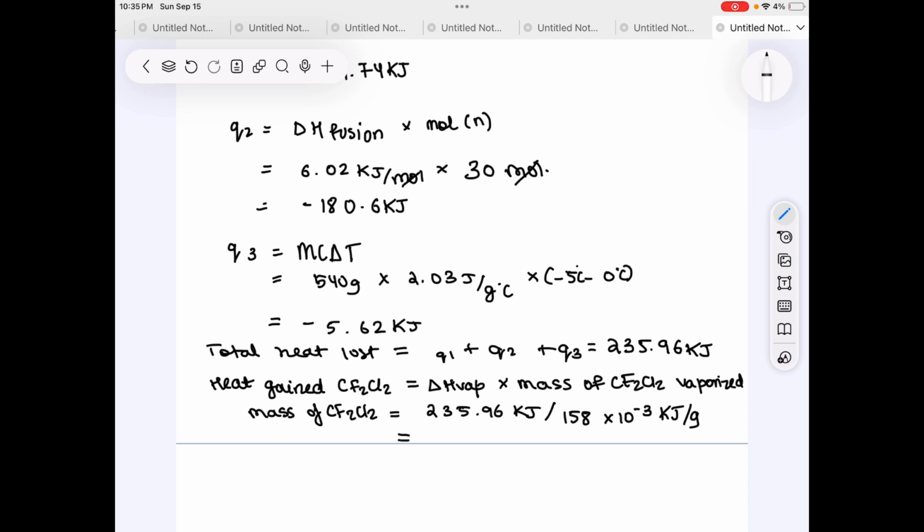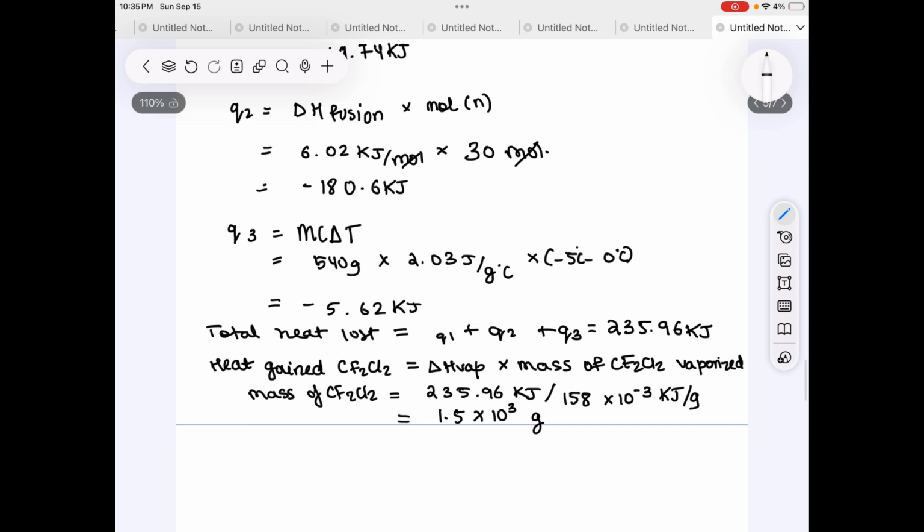Let us calculate this, and we get 1.5 into 10 raised to 3 grams of CF2Cl2. Therefore, the amount of CF2Cl2 vaporized is equal to 1.5 into 10 raised to 3 grams.